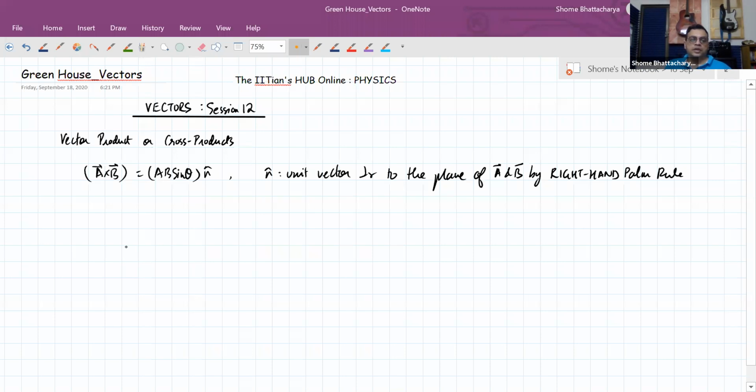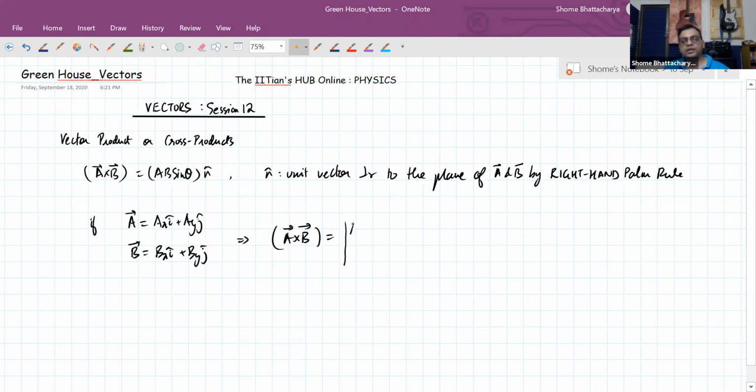And we had also seen that if vectors A and B are in the xy plane, then A cross B is given as the determinant of this 2 by 2 matrix into k cap.